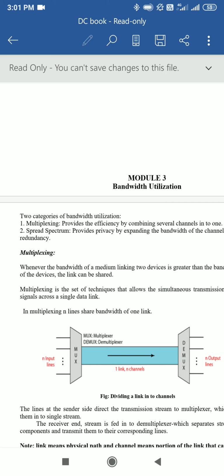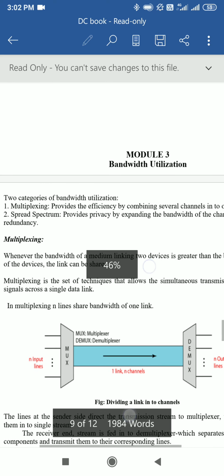I think you understood. Multiplexing is required whenever the bandwidth required by the two end devices, that is sender and receiver, is less than the bandwidth of the link. Spread spectrum is required to increase the bandwidth of the transmission medium.